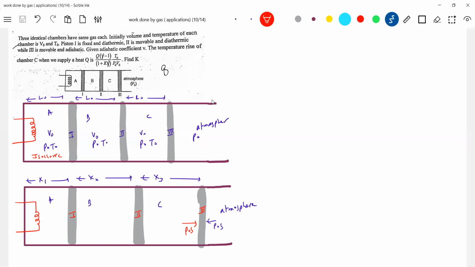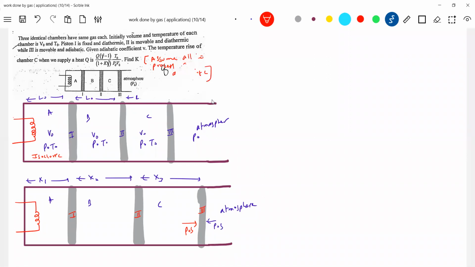One condition is that the gases are mixing. Find K. Assume all the processes are quasi-static.